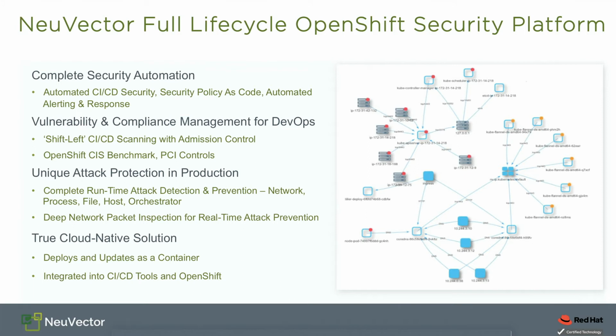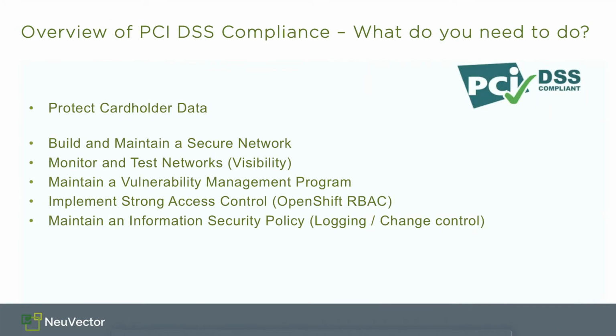Let's talk about PCI compliance and what you need to do. I mean, first and foremost, this is all about protecting cardholder data, right? So this is sort of a security specification made to protect people with online credit card data. And so while it's not specific to Kubernetes or to OpenShift for that matter, it does list a number of things that you must put in place in order to be PCI-DSS compliant.